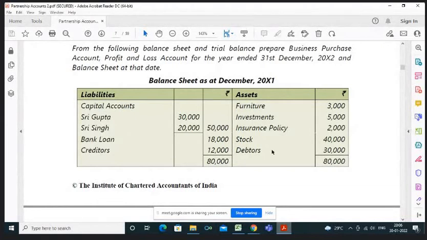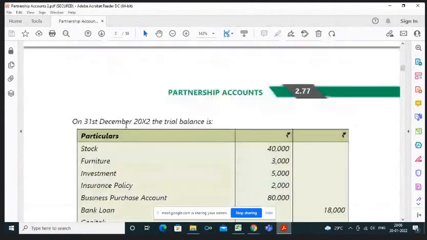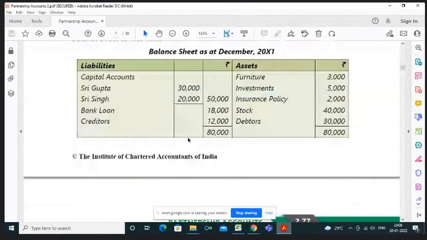And furthermore, this balance sheet was on 31st December 2011 when it was a partnership firm. But in 2012, what happened? Sri Raman has purchased this business.